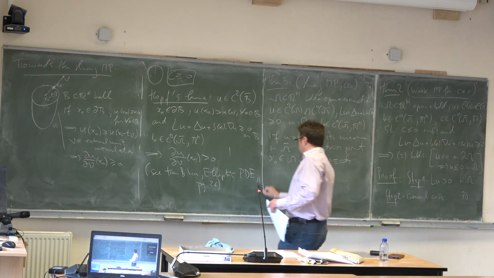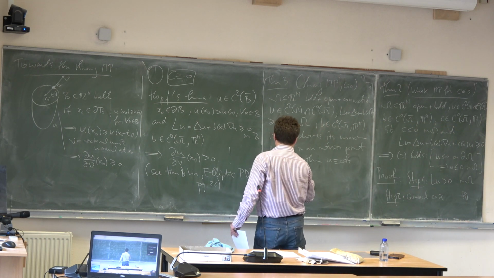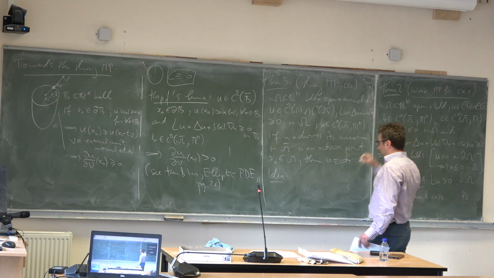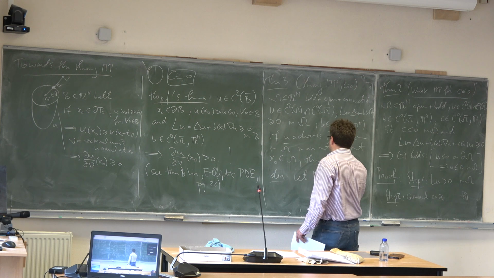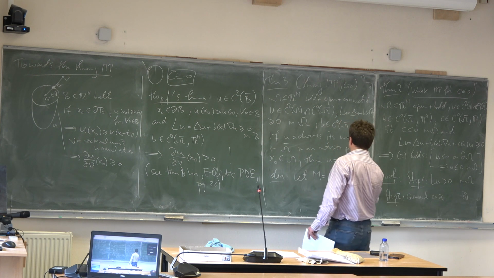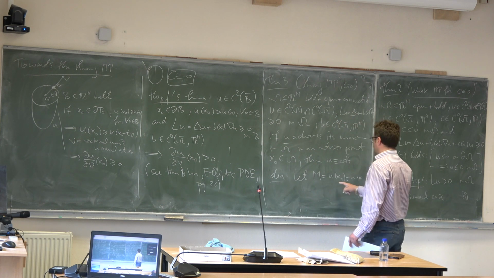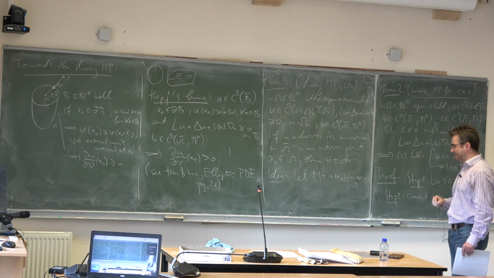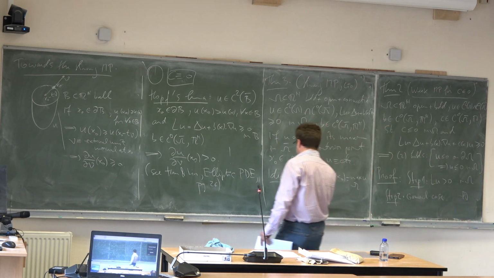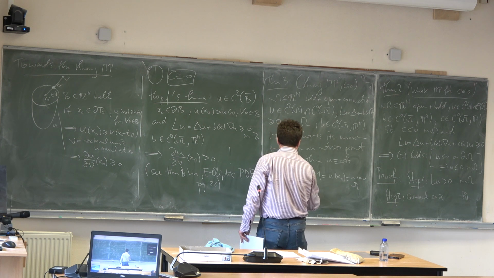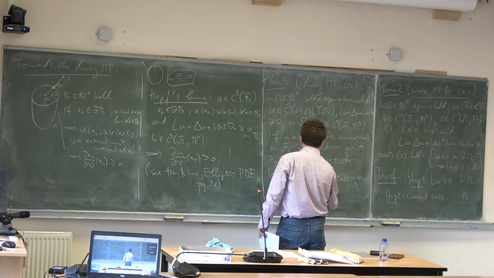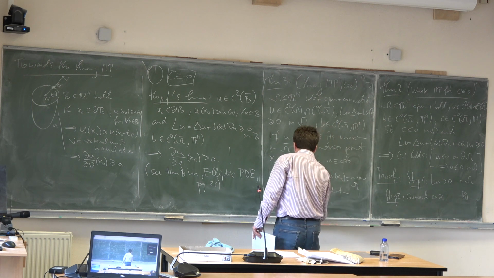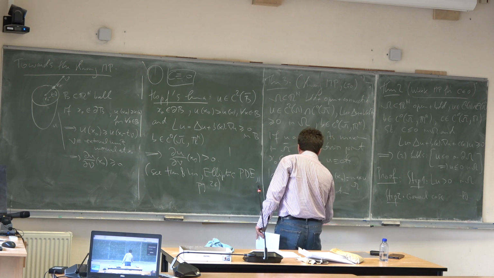So how does it go? Let me sketch the idea of the proof. Let us say that m is the maximum value of u, and assume by contradiction that u is not always m.